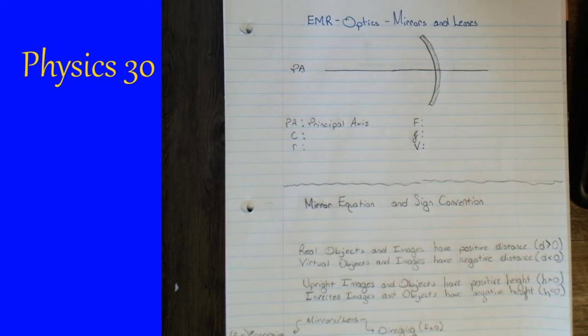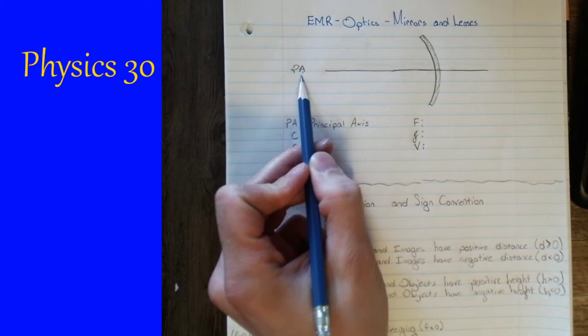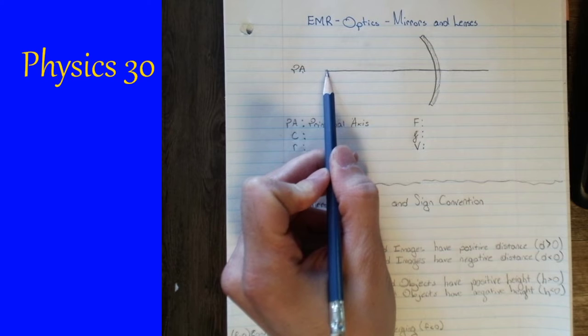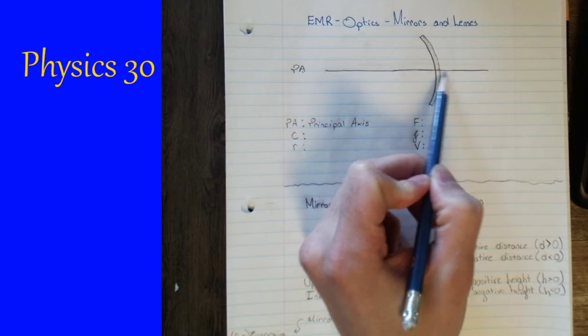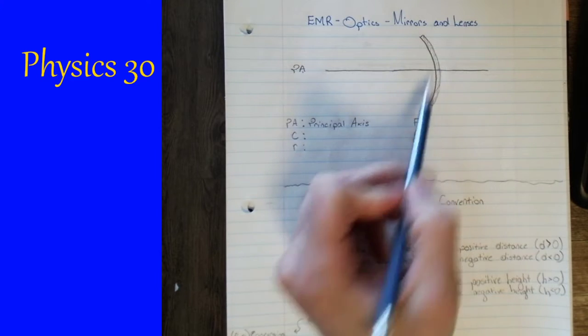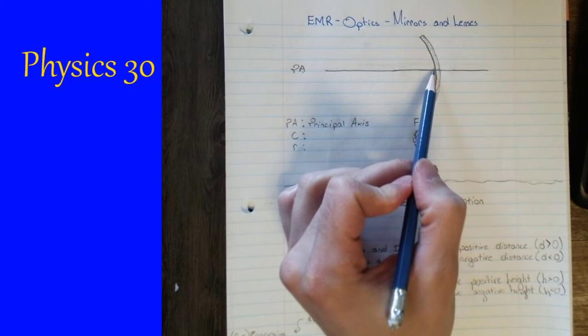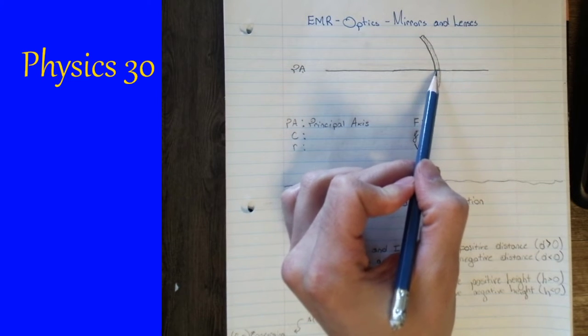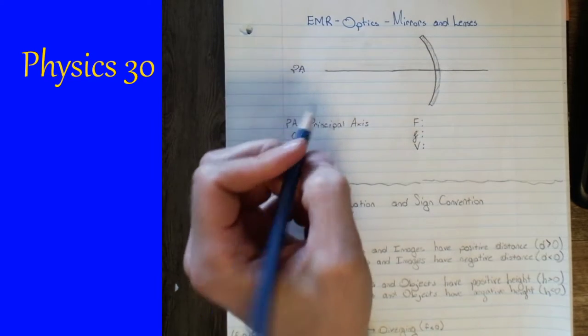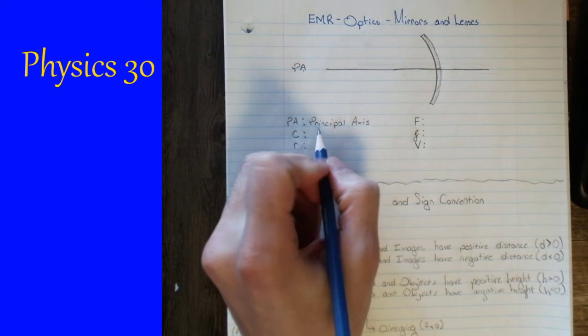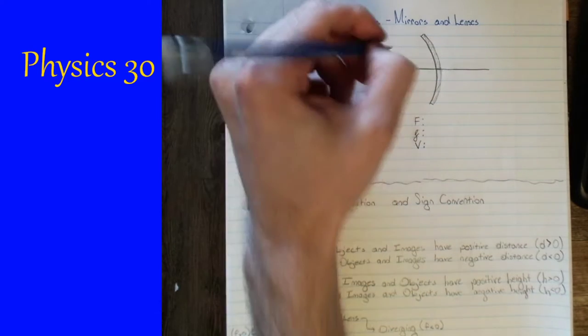So, first and foremost, I have labeled here the principal axis. This is the thing that kind of runs through the center of the mirror or lens and perpendicular to the mirror itself. Next up, we have C for the center of curvature.